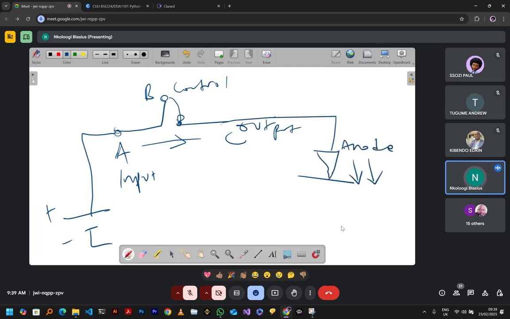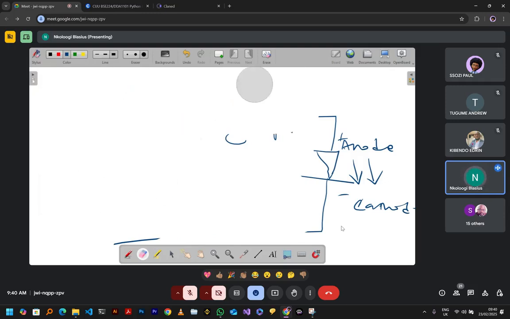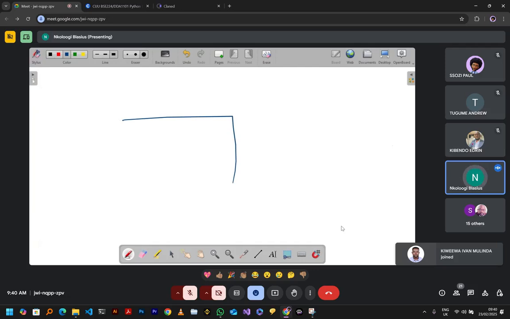So I told you this should be the anode where there is a positive terminal, and the cathode where there is a negative terminal. At the end of the day, this current will be able to flow through like that. Okay. Yeah, that's about the switch. But the switch model that we are going to be using is an SPST switch, which actually will be having 4 different terminals.